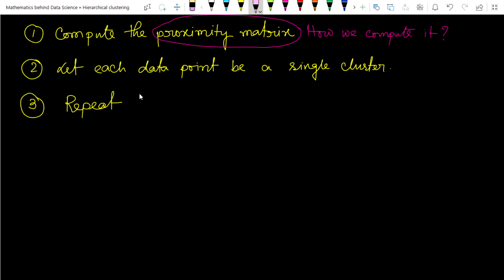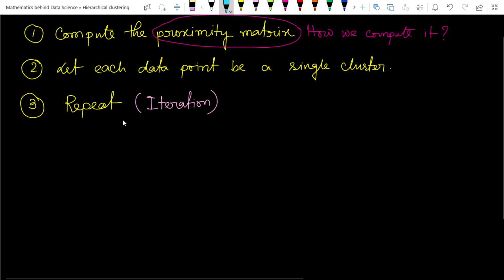This is the loop that we are interested in making. It will be better if we use the word iterations. So in the first iteration, we have to merge the two closest clusters.